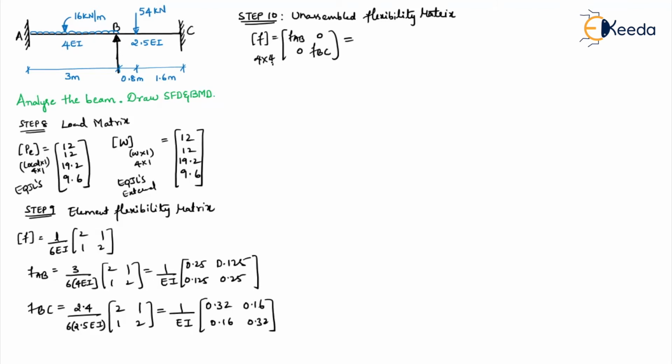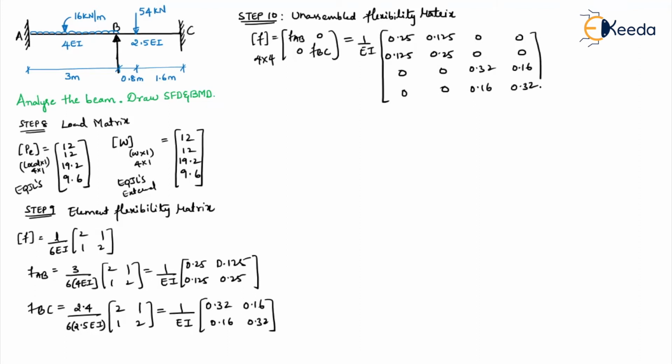So this will be a 4 into 4 matrix. So 1 by EI is common. I'm writing it here. 0.25, 0.125, 0, 0, 0.125, 0.25, 0, 0, 0, 0, 0.32, 0.16, 0, 0, 0.16 and 0.32. So this is your unassembled flexibility matrix.